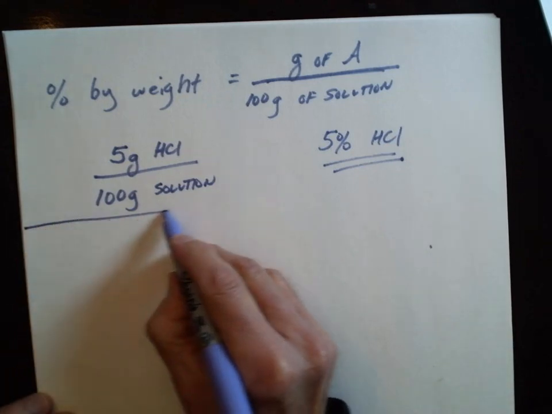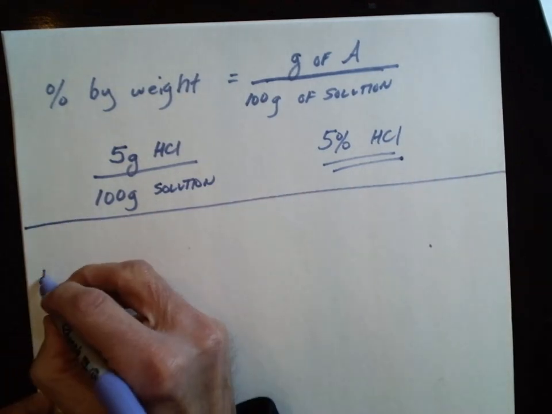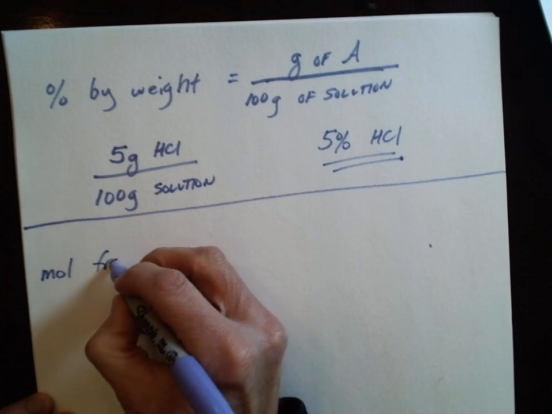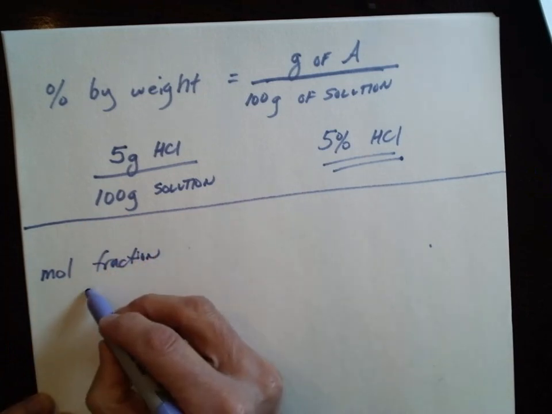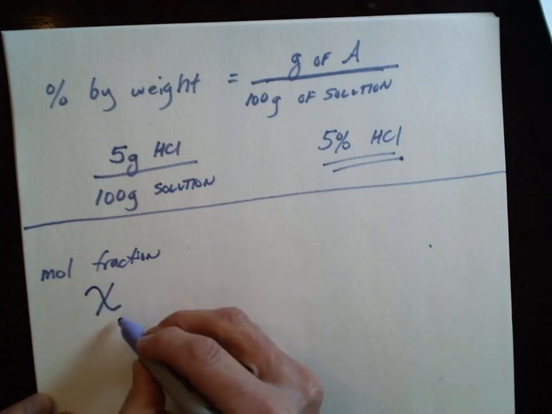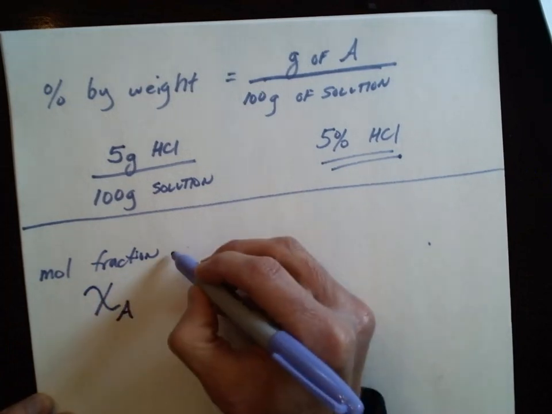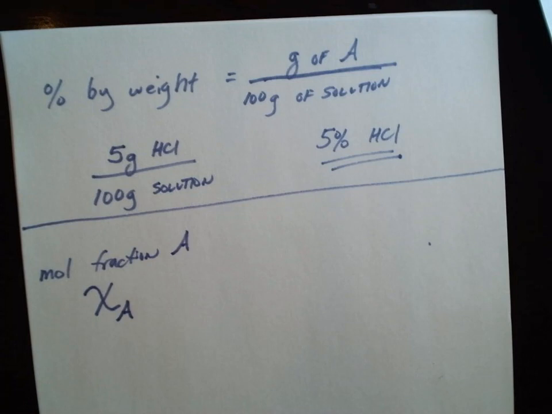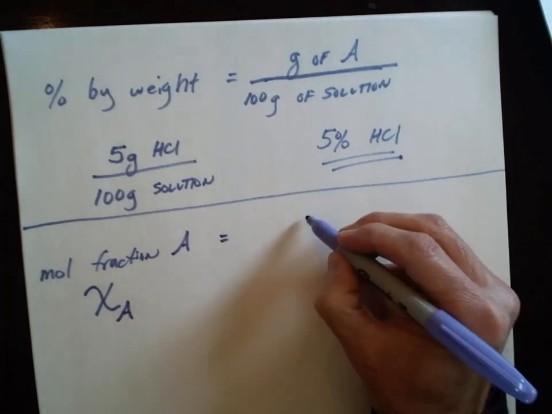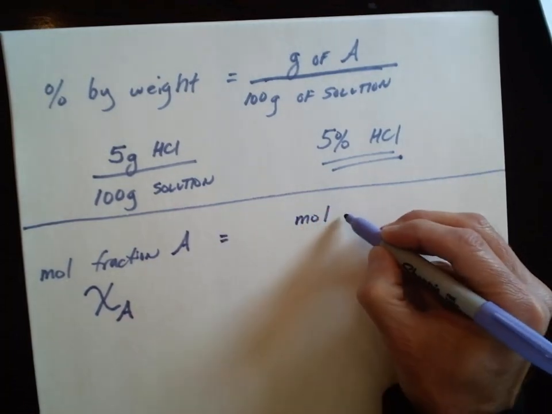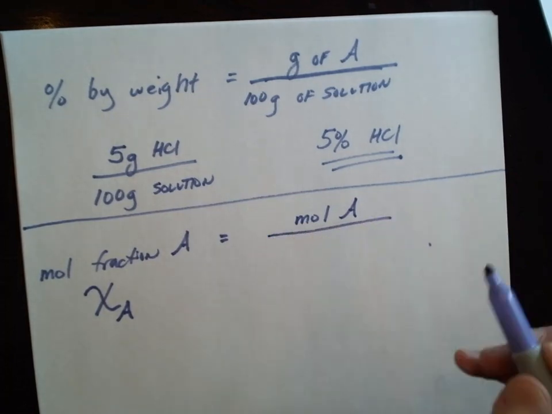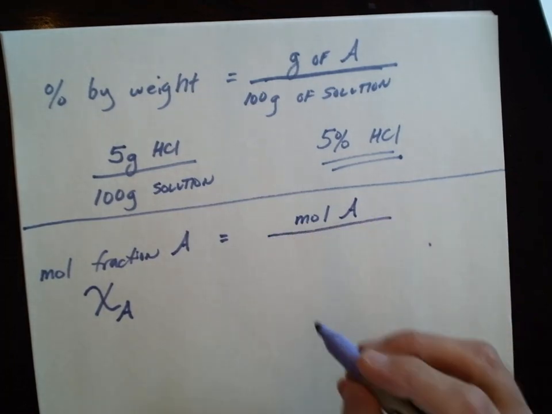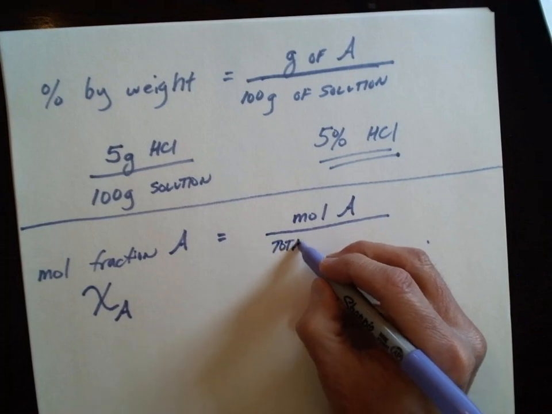And then finally, we have mole fraction. Mole fraction of some substance A is abbreviated with the Greek letter chi, with a subscript A, so that'd be the mole fraction of A. And the way that's defined is the moles of the substance A that you're interested in divided by the total moles in the solution.